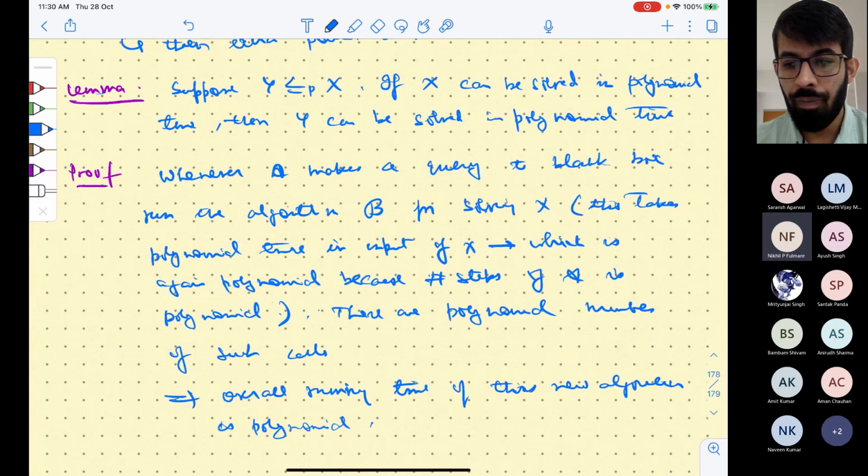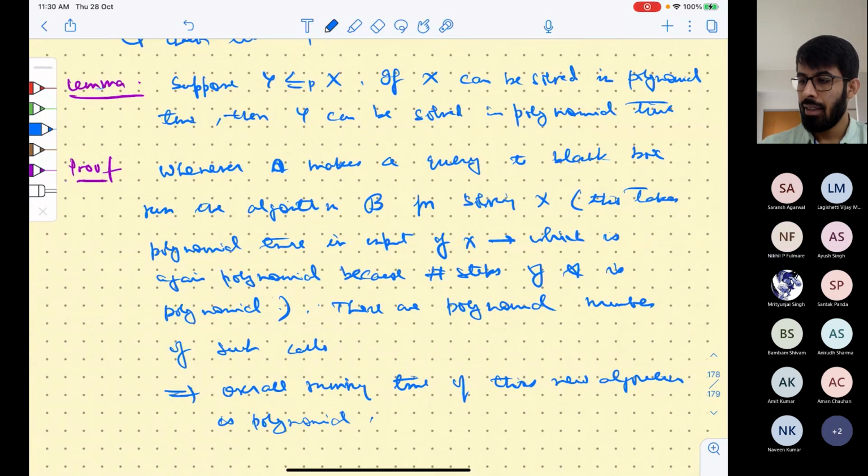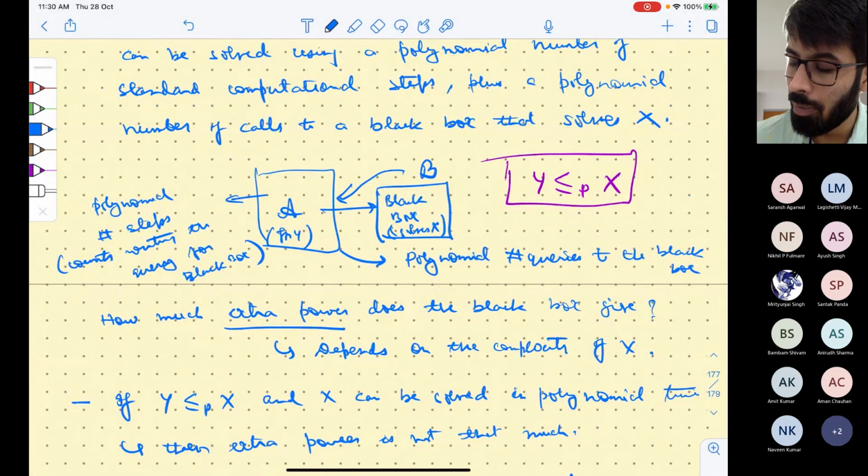What about the converse? If Y can be solved in polynomial time, then X? No. Y reduces to X, and you can always reduce an easier problem to a harder problem, generally.